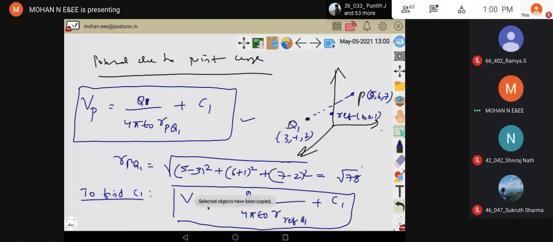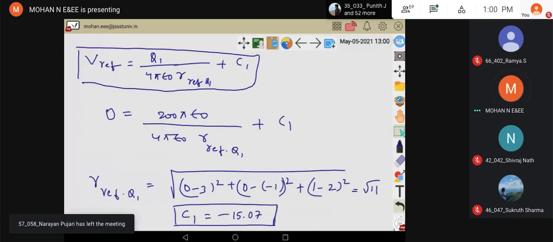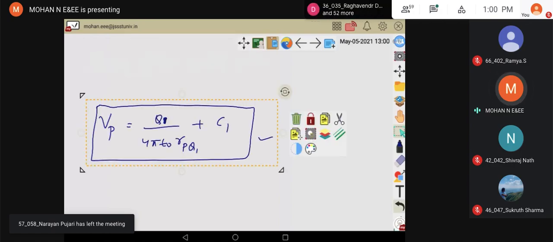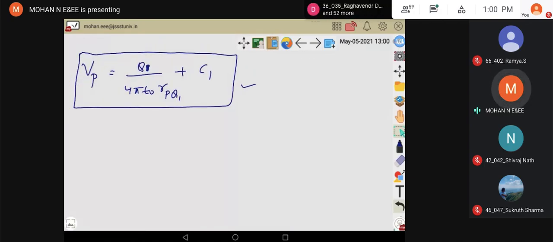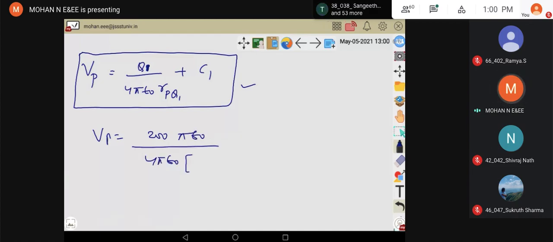Now VP is equal to 200 pi epsilon naught divided by 4 pi epsilon naught RPQ1, and RPQ1 we have solved and C1 we have solved.